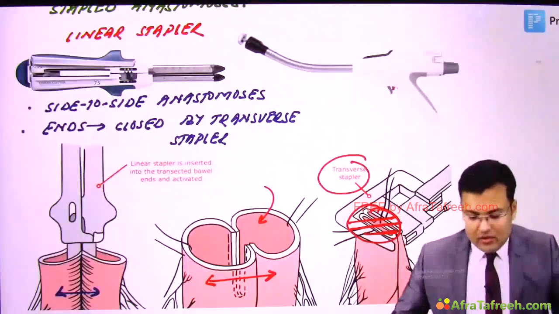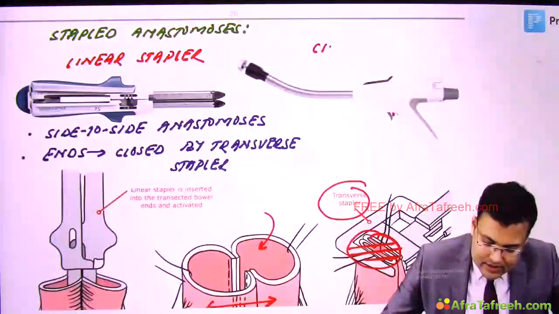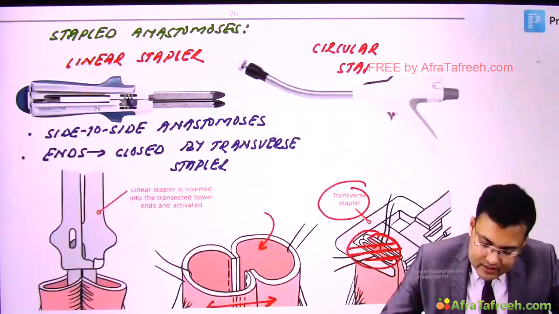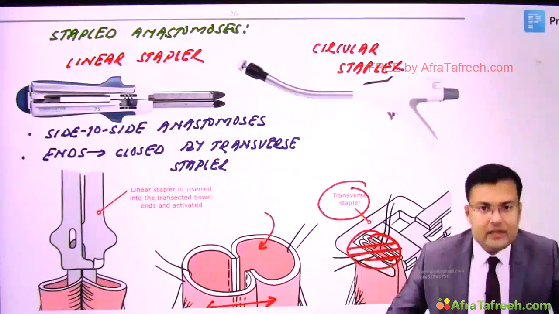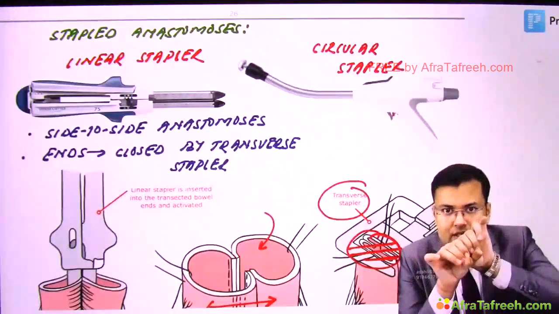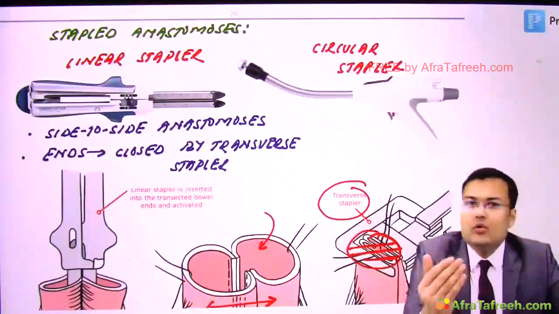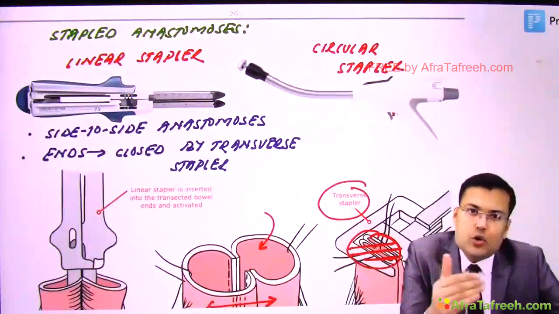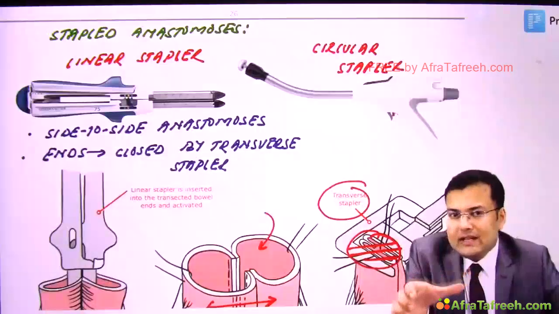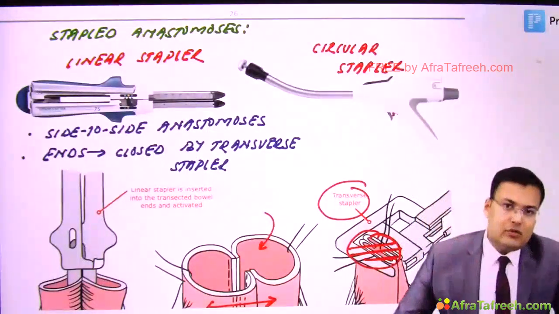Now, what is the use of the circular stapler? Generally, the circular stapler is used for end-to-end anastomosis, especially colorectal and coloanal anastomosis. Whenever we go for low anterior resection and end-to-end anastomosis of bowel, we use a circular stapler.